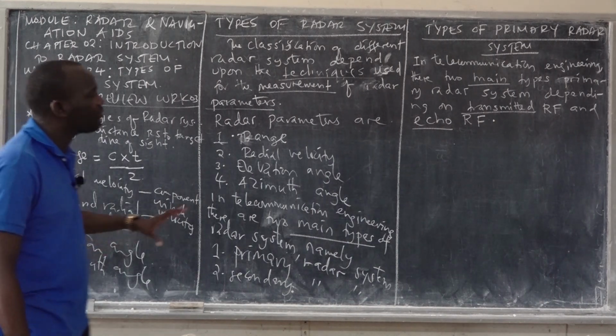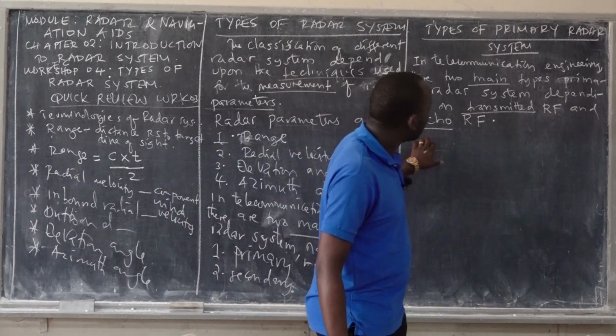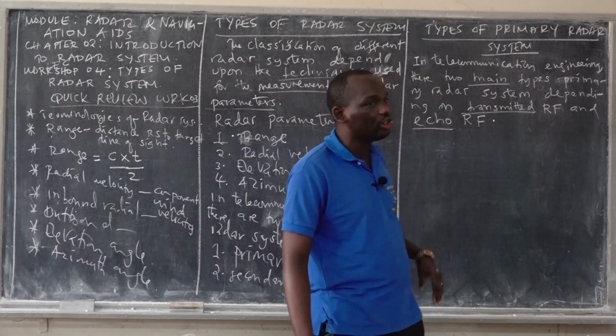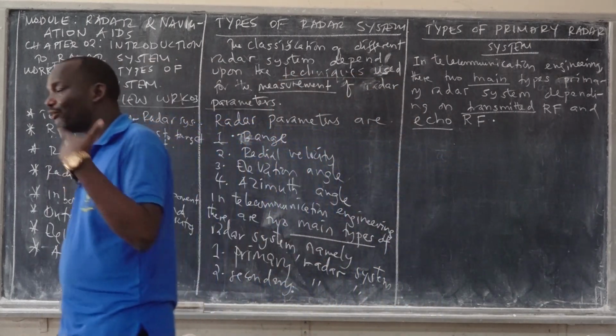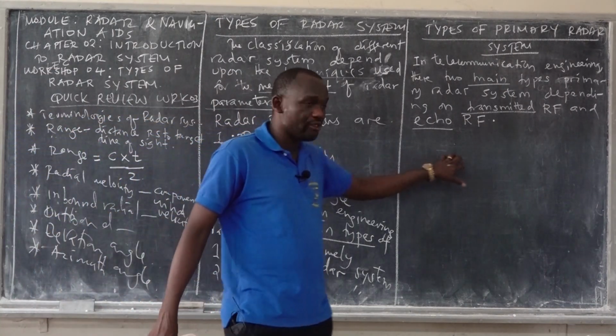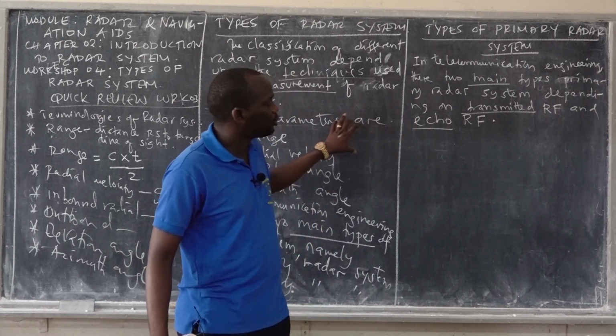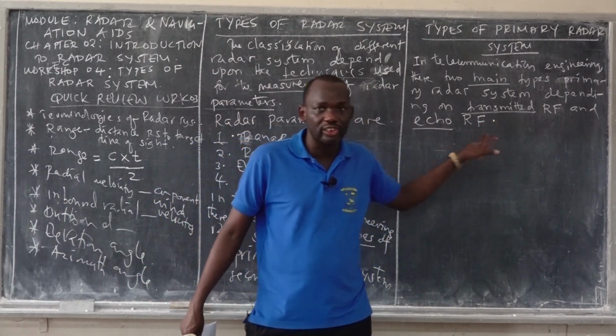In radio frequency, you have different bands. And echo is the reflected wave, because what you transmit is what you expect to be an echo. Why should we mention the transmitted radio frequency and the reflected radio frequency?